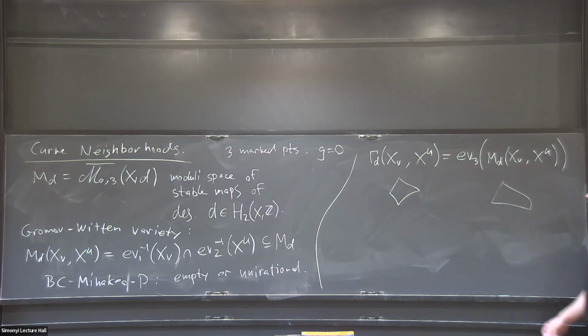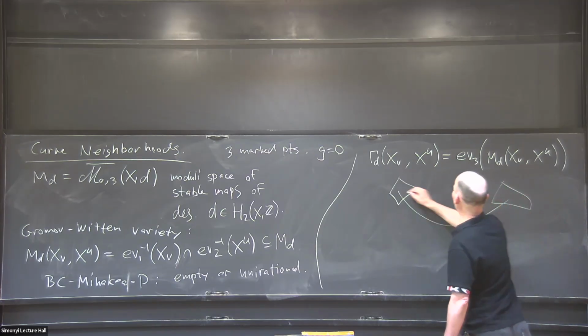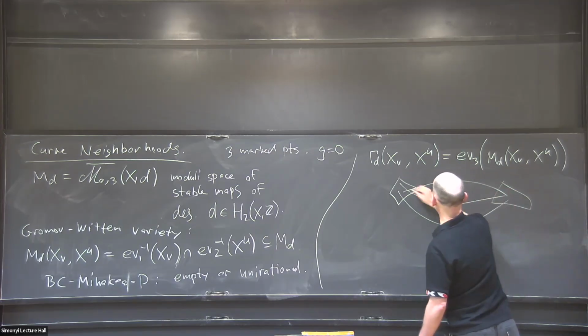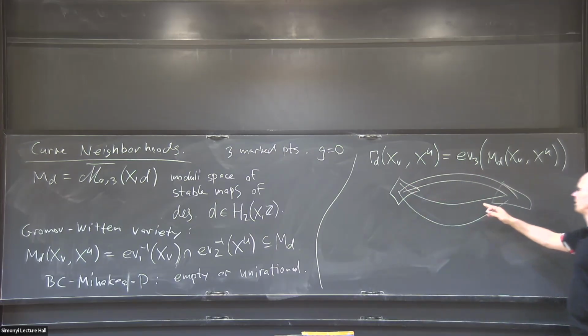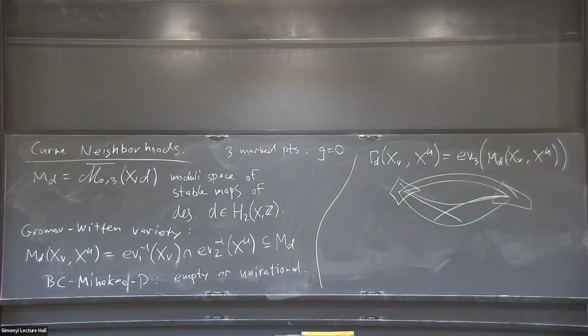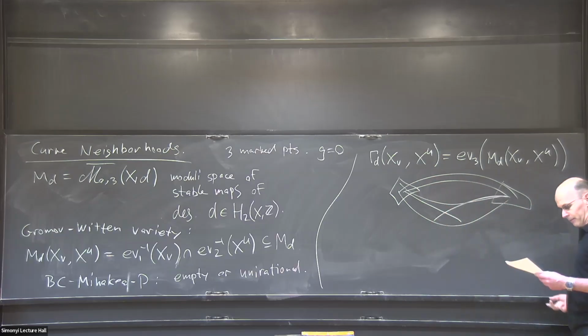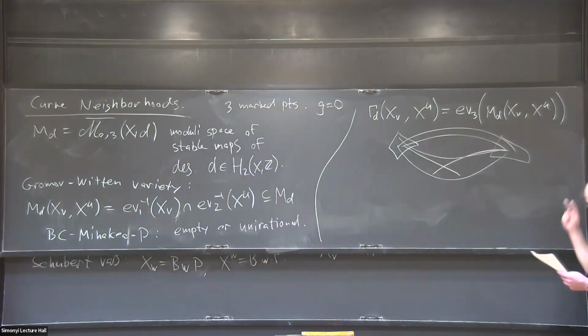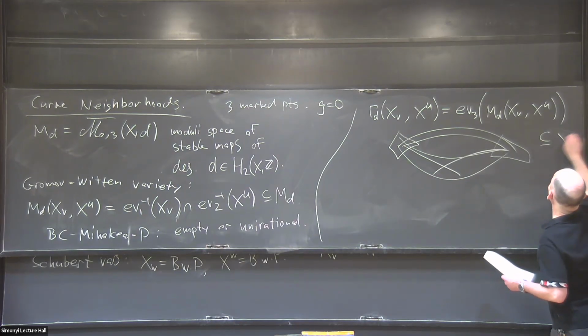Then you start taking all rational curves of degree at most D that connect them. You'll have to add some stable curves to get something closed. This union of all these curves is called the curve neighborhood. This is a subvariety of X.